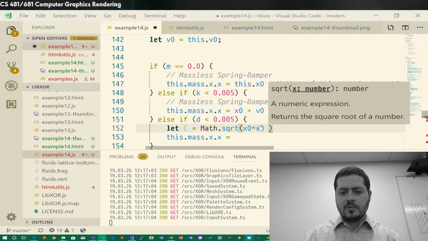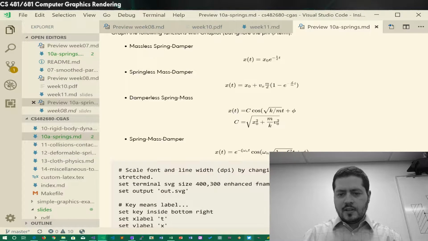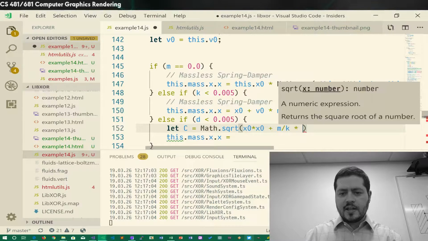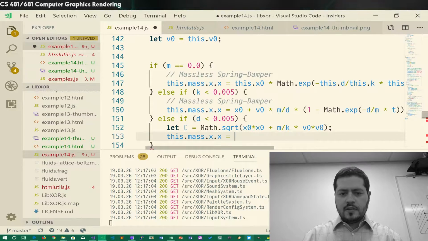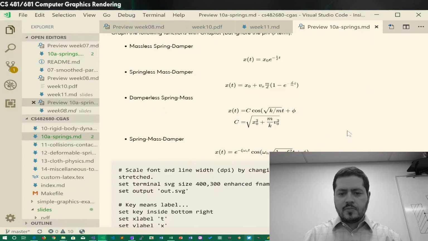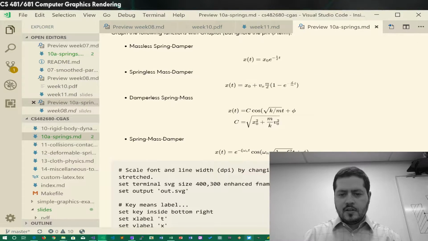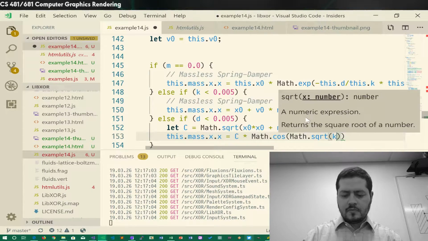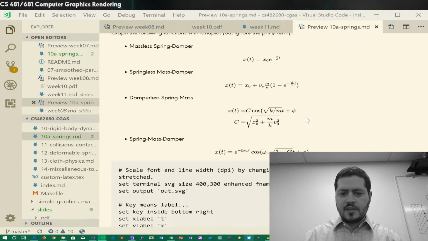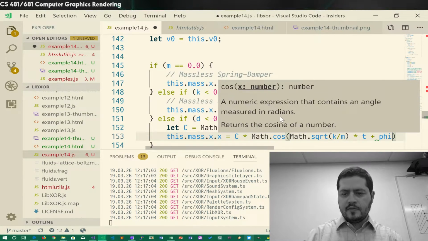x0 times x0 plus m over k times v naught times v naught. Okay, and then c times the cosine of the square root of k over m times t plus phi.